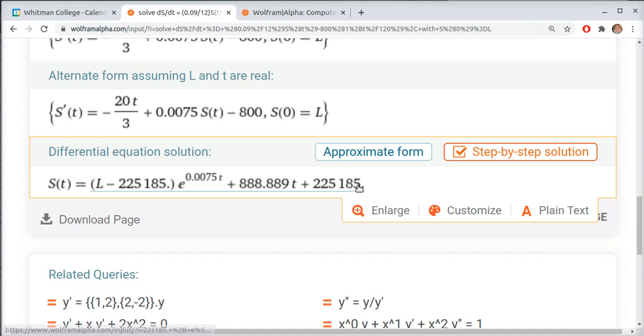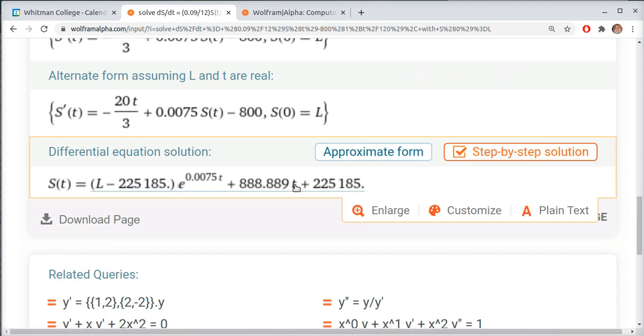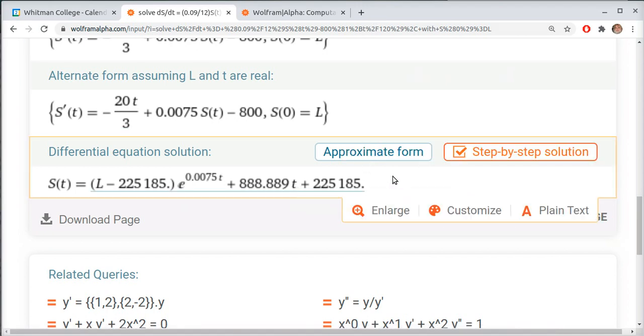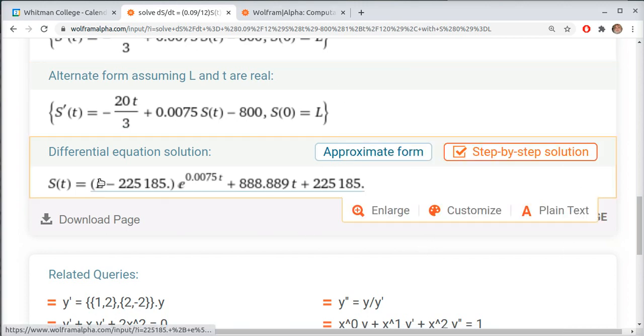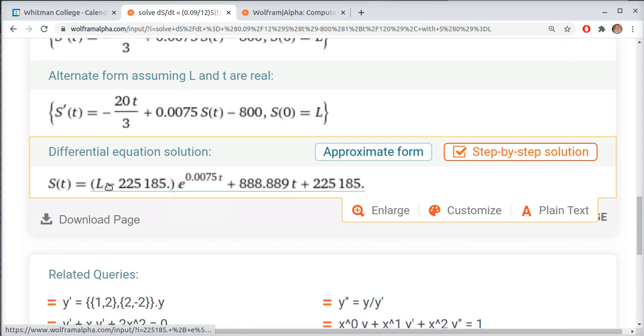Good. And now the question is, we want to set this equal to 0 after 20 years. Well, careful, it's not 20 years, it's when t is 120. Let's see. Can I copy this down? I don't know if I can copy this down.